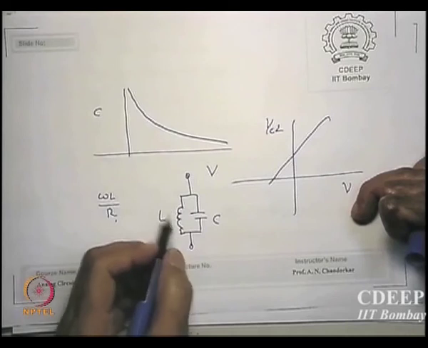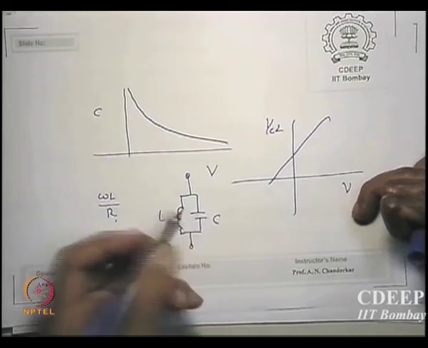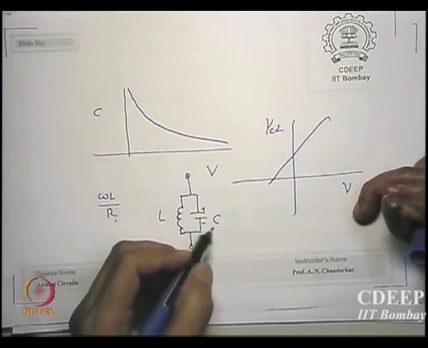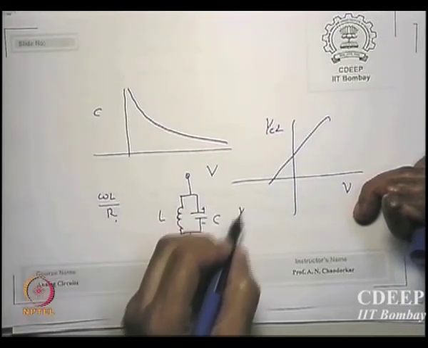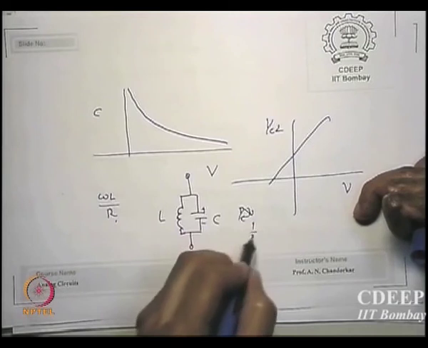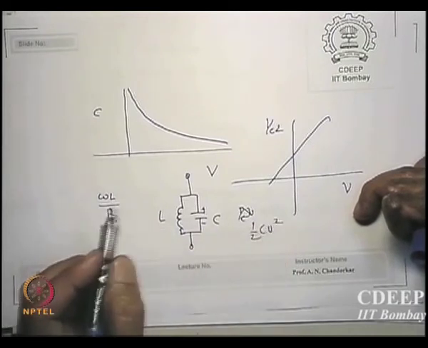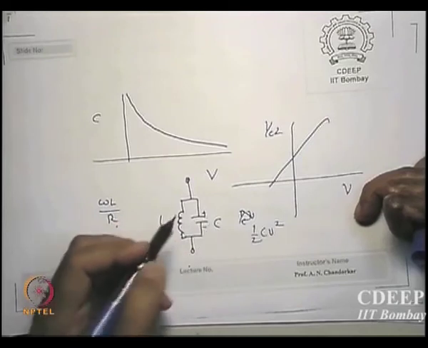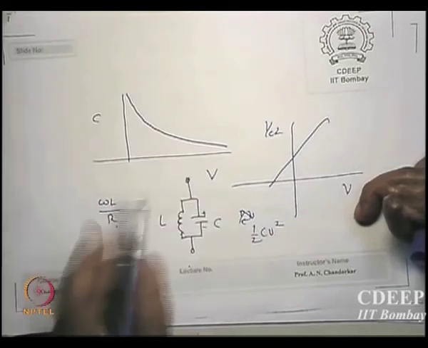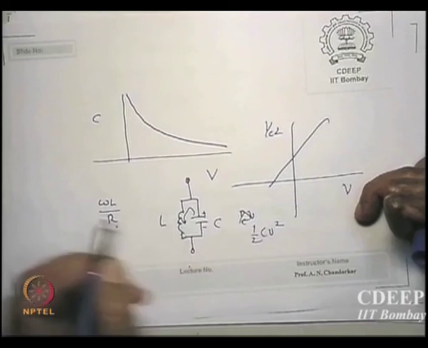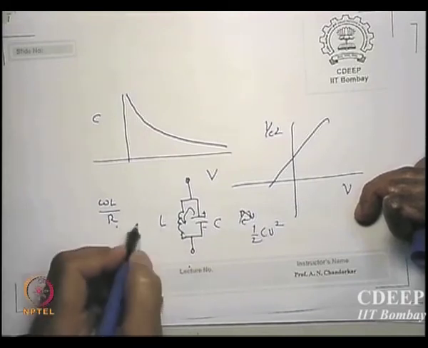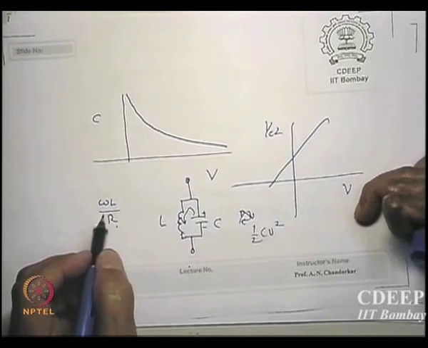initially let's say it has some noise or something, picks up some charge on this, that half CV square will be the energy stored. If I apply some voltage across this, half CV square energy will be stored on the capacitor. I remove the voltage, then it will discharge through the inductor and it will receive half Li square energy here.